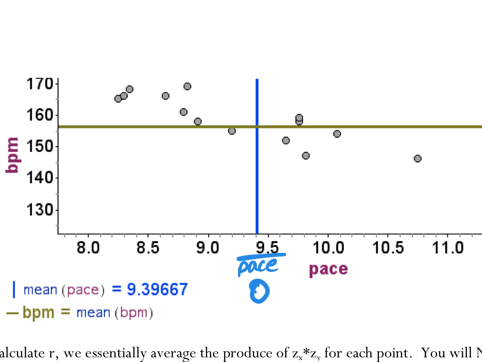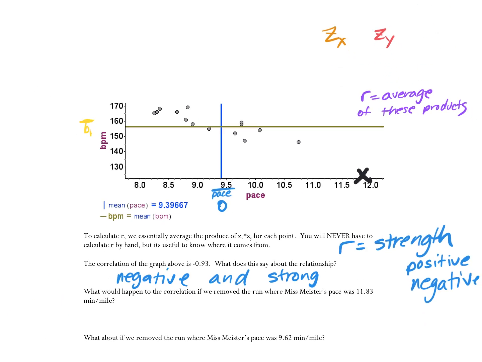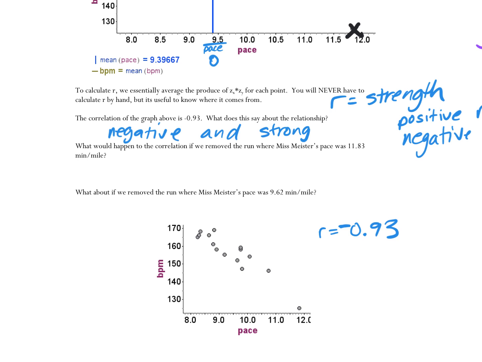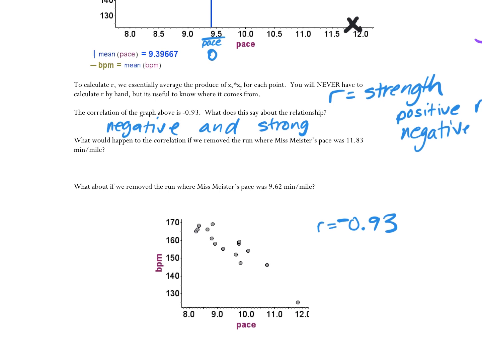So when I take the average, isn't that average going to get smaller? Did you guys get what I'm saying there? Okay. So if I remove that point, the correlation would decrease. Can I just remove that point? Well, that gets a little bit weird.